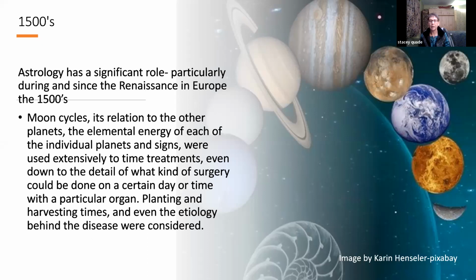They were used in the past for things right down to, is this person going to be able to have this surgery on this day? If the signs and the charts that they were using weren't lining up for that organ to be strong enough to tolerate the surgery, for instance, they might not do it until those things were more in alignment.